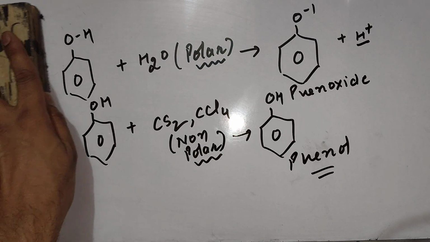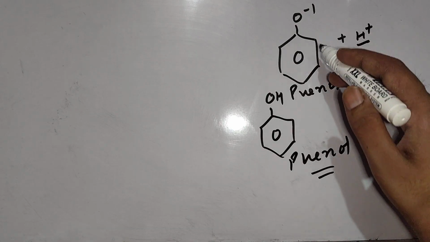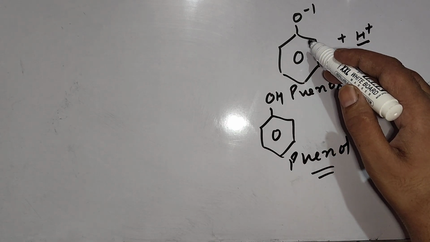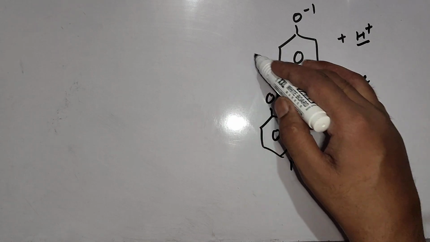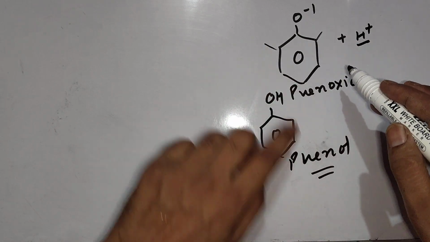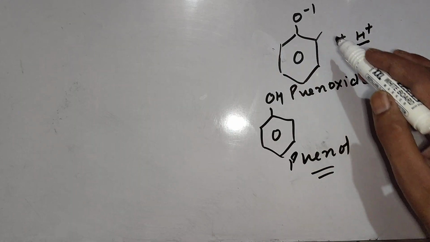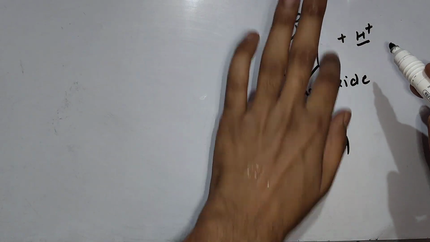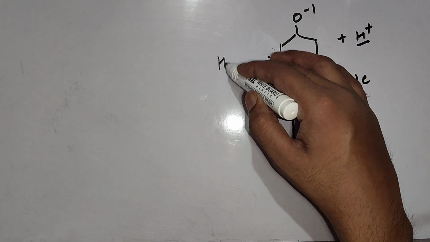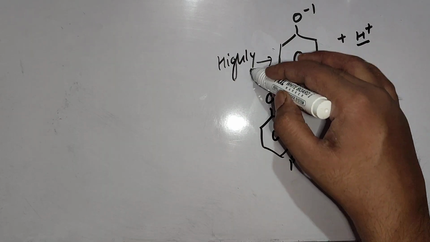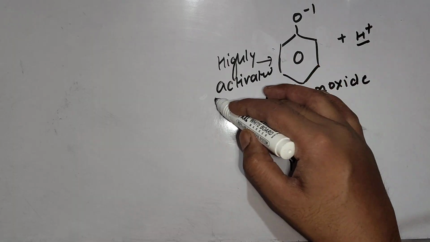So, as we have just discussed, the benzene ring of phenoxide is much more activated. So what is happening? All three positions will simultaneously be attacked by bromine ions. Mechanism, in the next video we will discuss, because this ring is highly activated. Highly activated toward what?